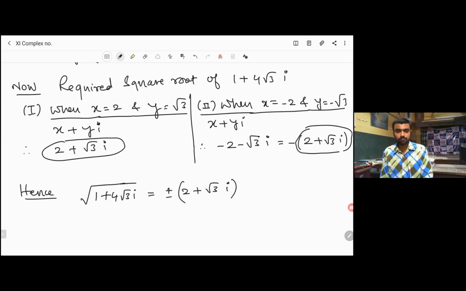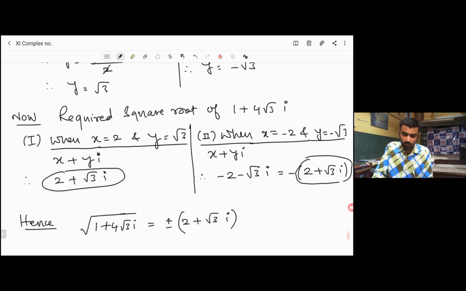That's it. So this way, students, we can conclude in every question this square root in plus or minus situation. जो भी है हम उस तरह से इसको conclude करते हैं. So this is our final answer, plus or minus 2 plus root 3i.